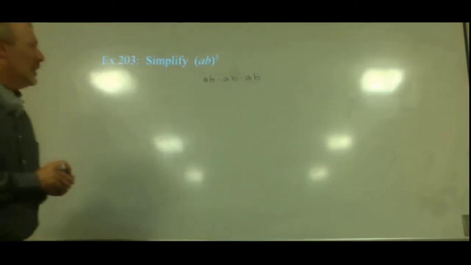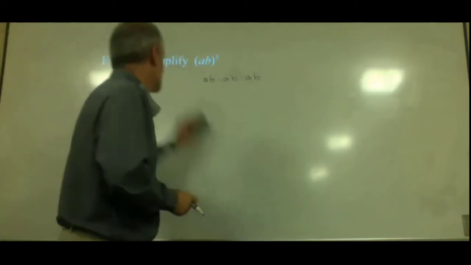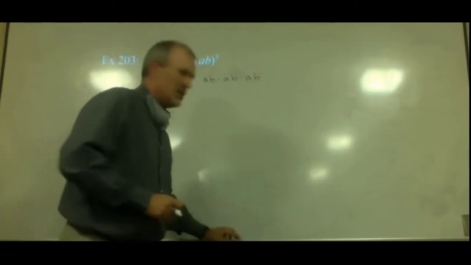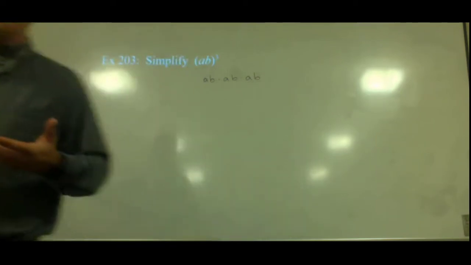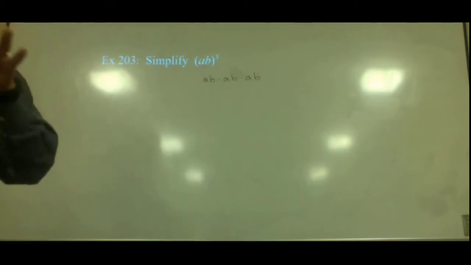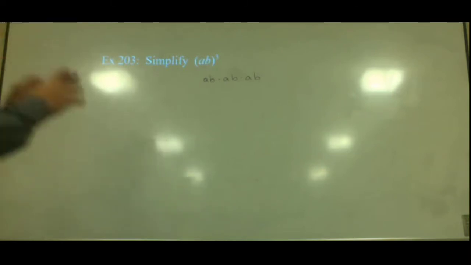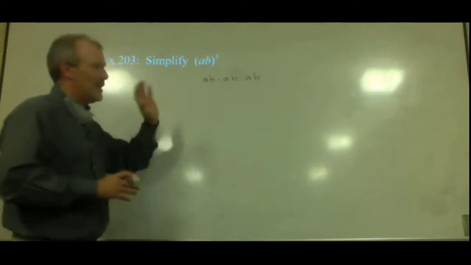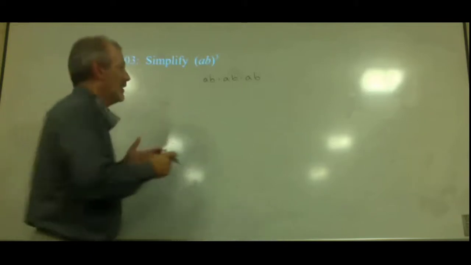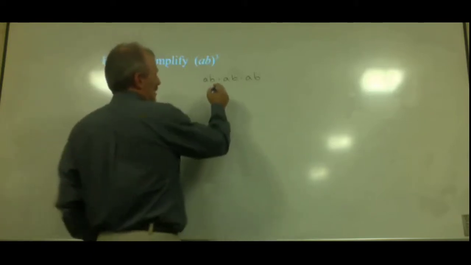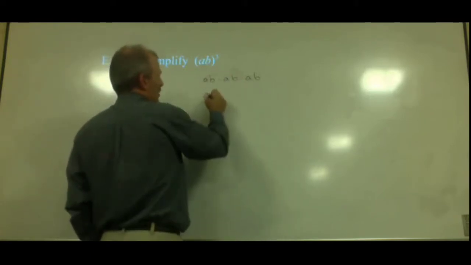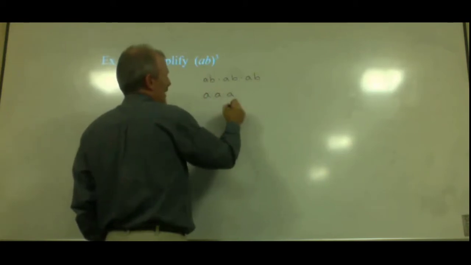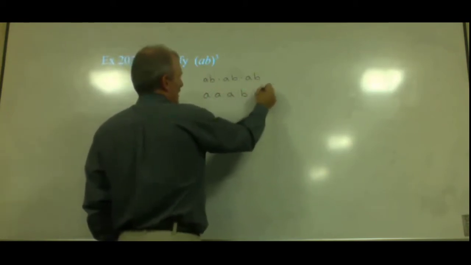I don't know if you remember this, but we had some nice rules for multiplication. The rules were the order doesn't matter when you multiply, and that you can rearrange them when you multiply. This is all the way back to probably the 0 chapter that some of us practiced and some of us maybe didn't practice as much, but it's the same. It's those properties. So what we can do is rearrange these and put all the A's together at the beginning and all the B's together at the end.